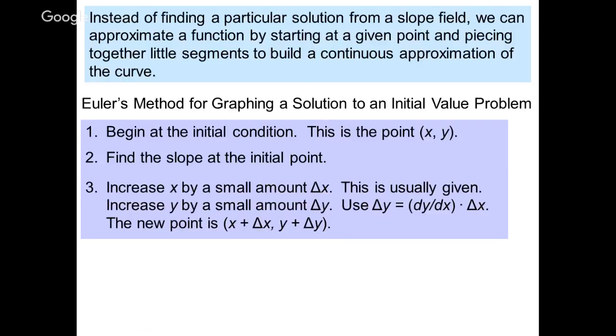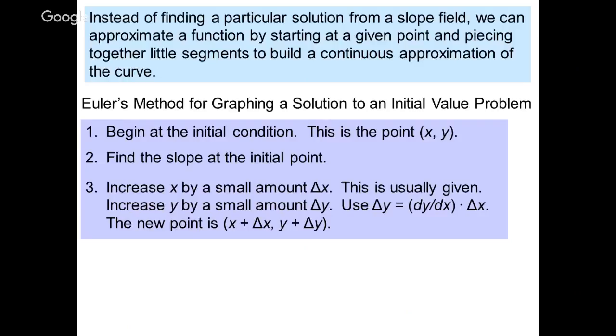And then we increase x by a small amount. What would you consider small? 0.1, but sometimes it can be 0.5. It could be however close you think is reasonable. And then we use the slope to find an approximation for what the change in y is going to be, because we already calculated the slope, didn't we?